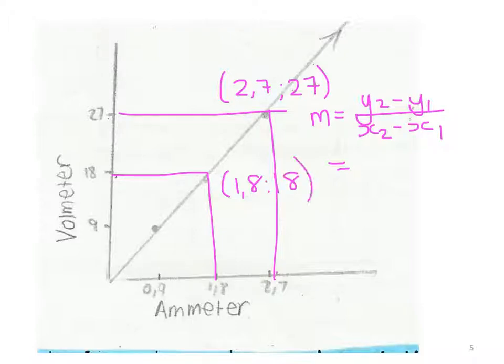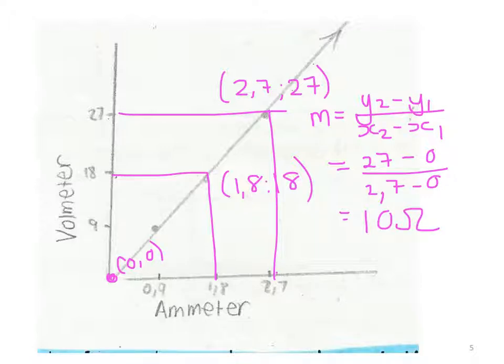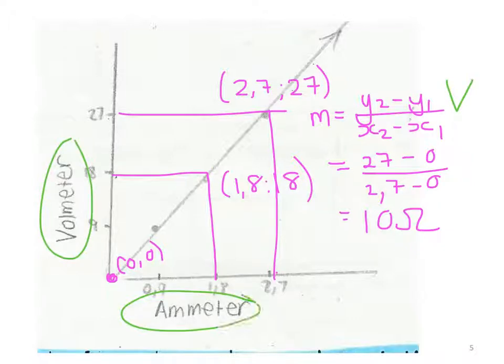The other point that's handy to know is (0; 0), because that would be very easy to subtract from. So if I said y2, 27, minus 0, over 2,7 minus 0, I then land up with the fact that that goes in 10 times. My gradient is my resistance, 10 ohms. I double check that my voltmeter V is y and my ammeter is x, because that would give me resistance.